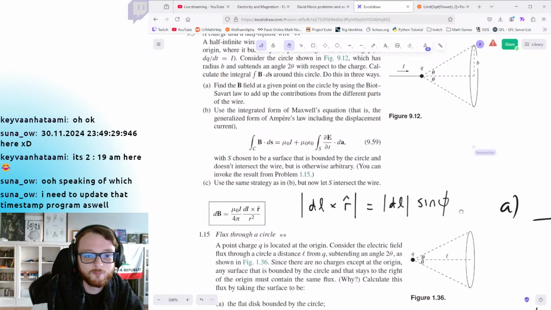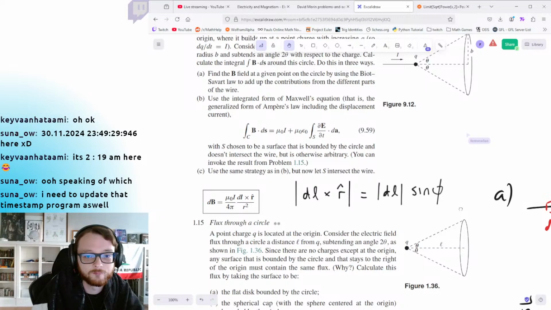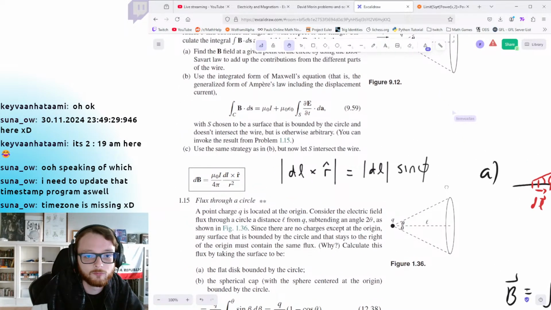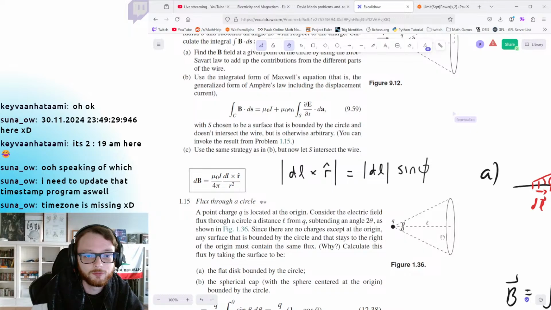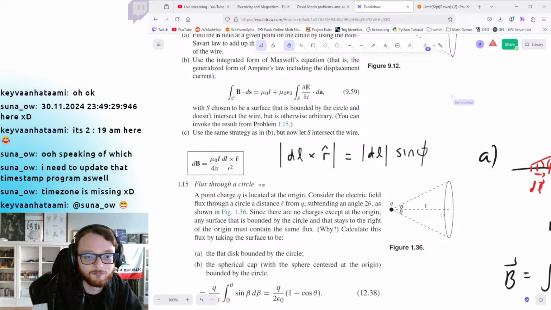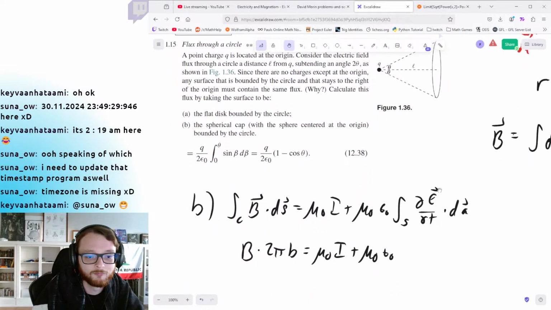Don't we just want to work the right side of this equation? Do we? Yeah, I would think so. And just try and get the right-hand side to give us the same thing we got.